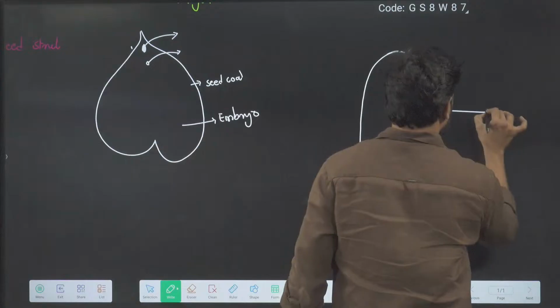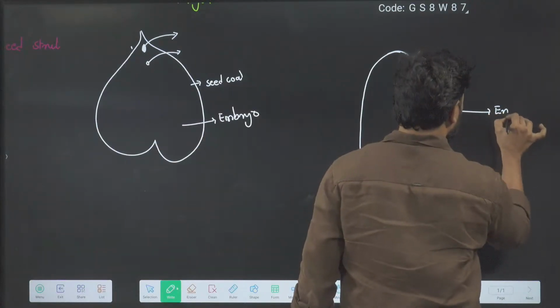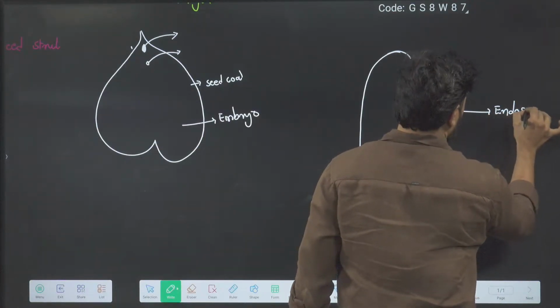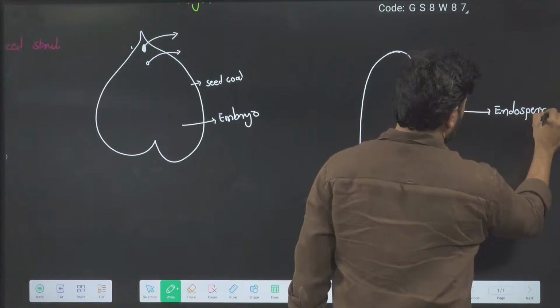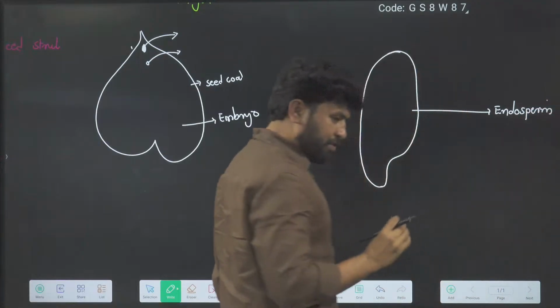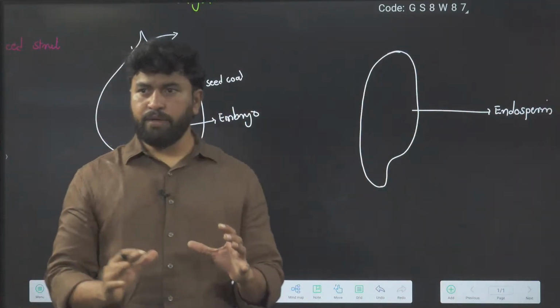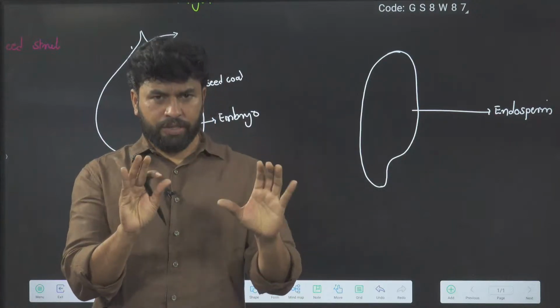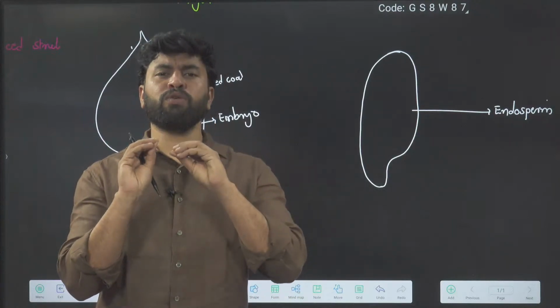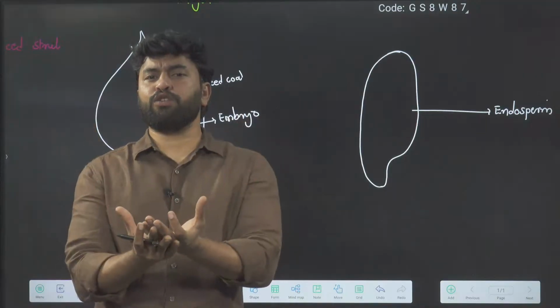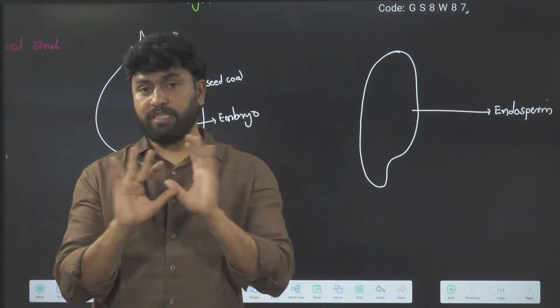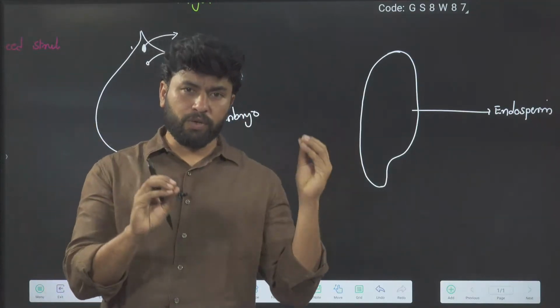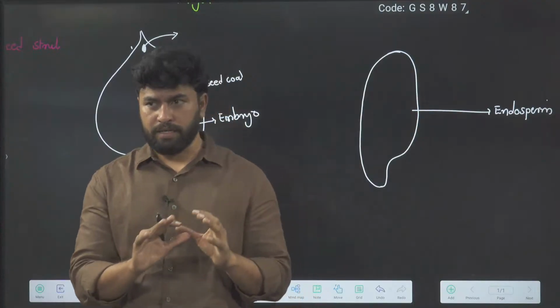This is endosperm. Typically, endosperm is starchy. Inside the endosperm there is a storage of starch.